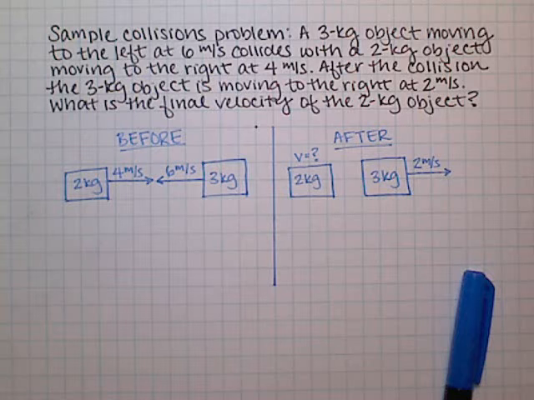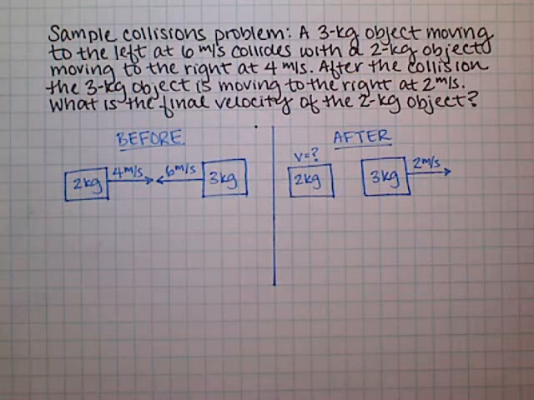We want a before and after snapshot of everything that is going on. So I've gone ahead and done that, drawn in my objects along with their masses, how fast they're moving, which direction they're moving, etc., for both before and after that collision, based on all the information that's given to me.